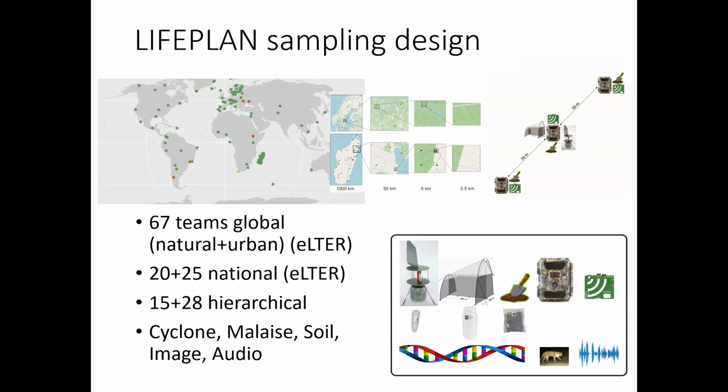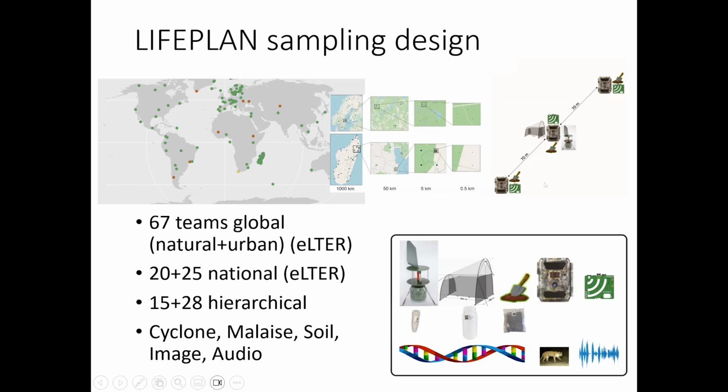At each of these sites, we have this 3-point transect, where in the middle we have a malaise trap that collects arthropods, a cyclone sampler that collects fungal spores from the air, and we do soil sampling, where we also look for fungi in the soil. And then we have camera traps and audio recorders. And then we also have these 2 other points along the transects.